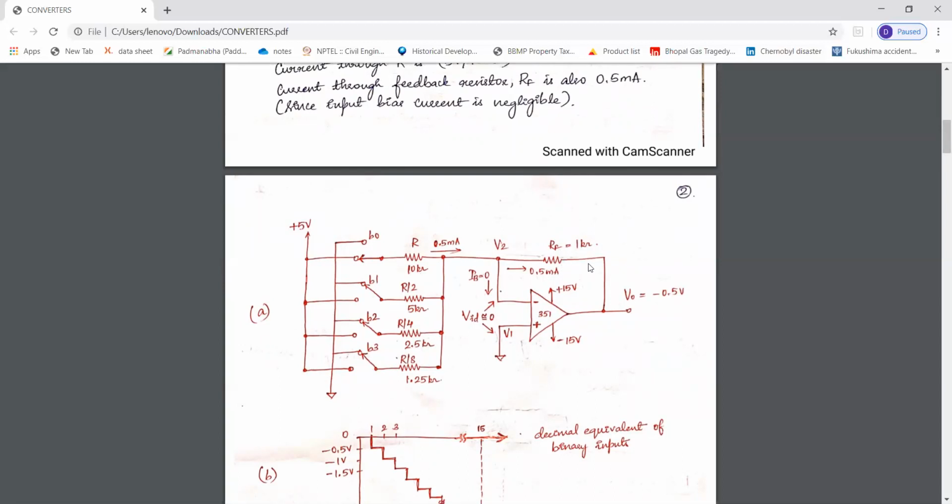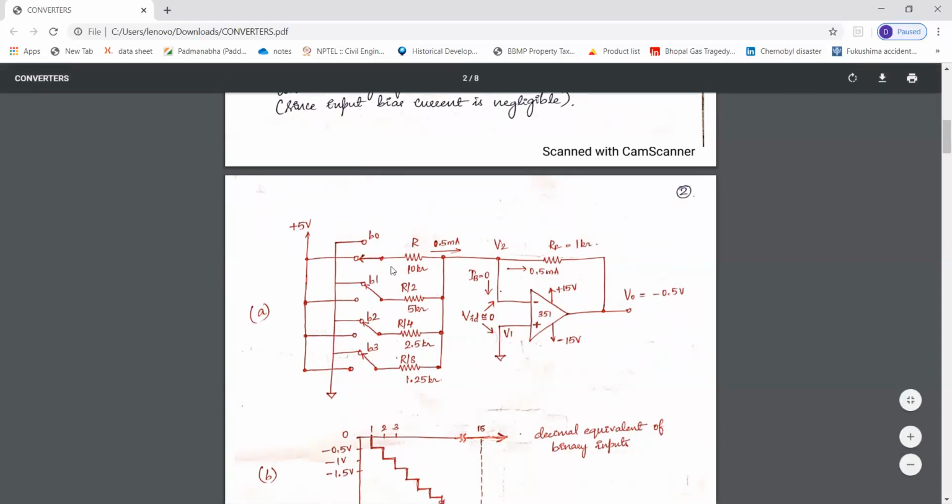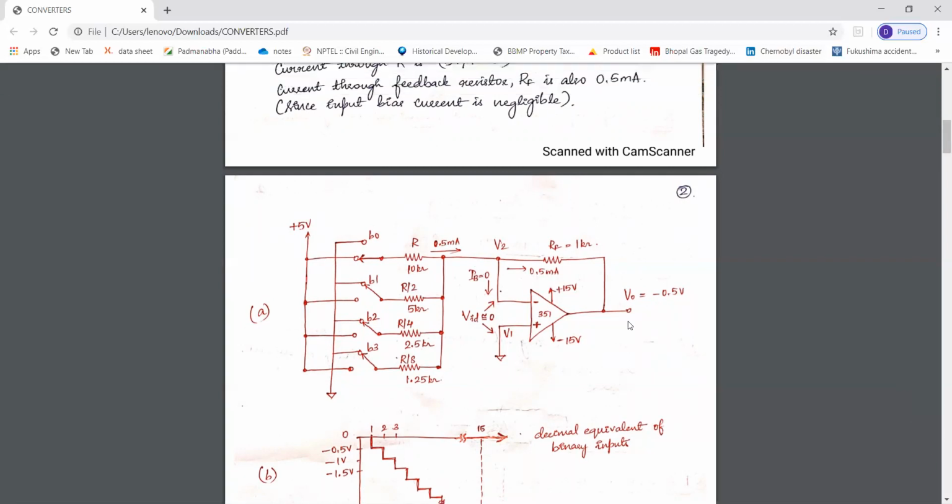So here also I get 1 milliampere since the input current to the ideal op-amp is 0. So the output voltage will be minus 1 volt in this case. So it is doubled when I compare it with case 1 wherein only B0 is closed. You can see there is an increase in the output voltage, but in the negative direction. It is minus 1 volt.